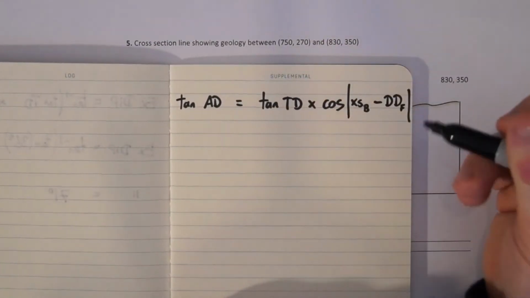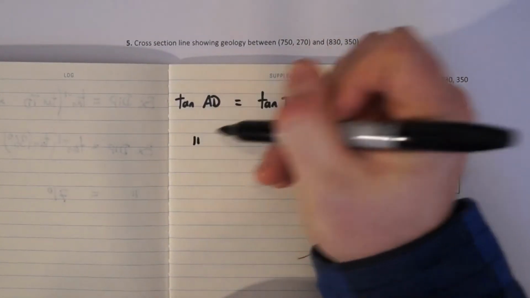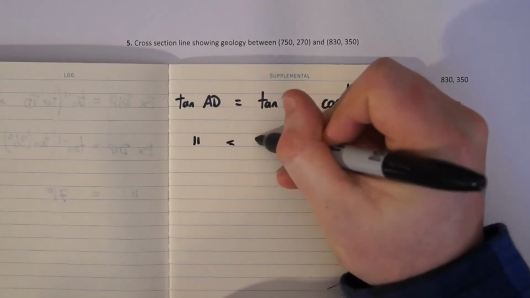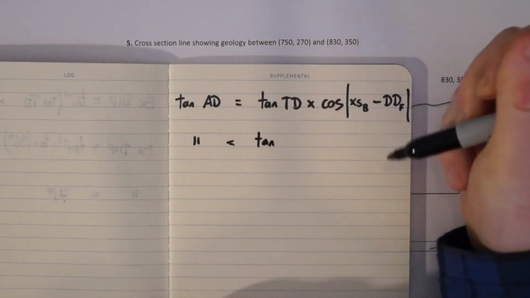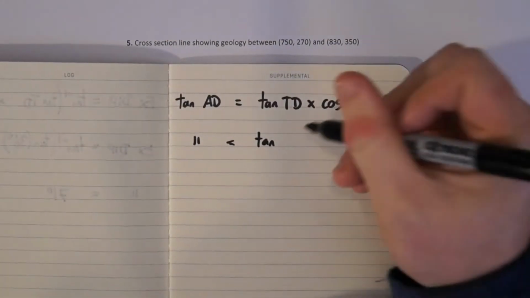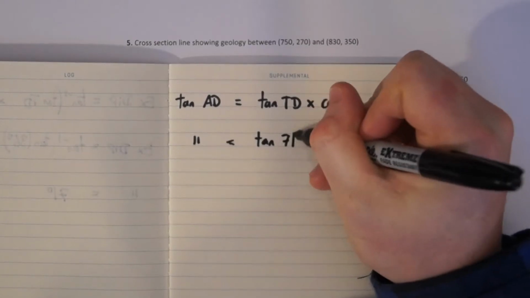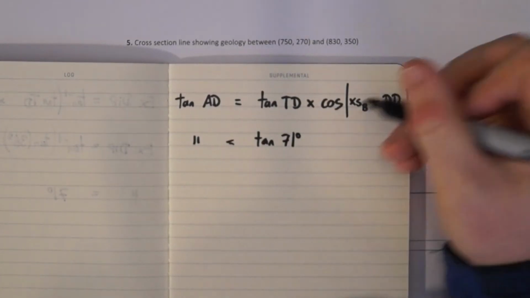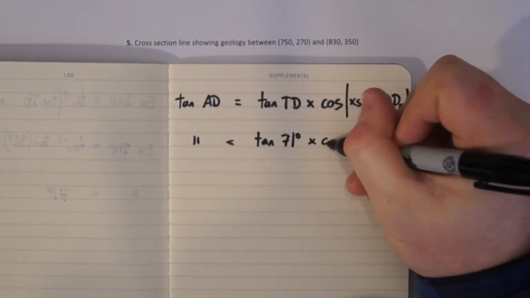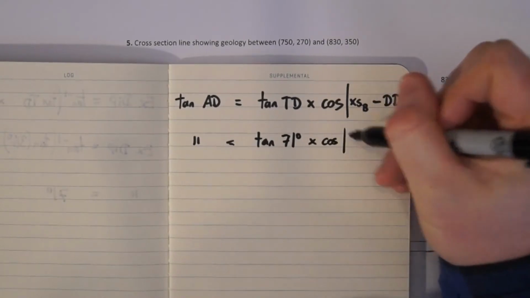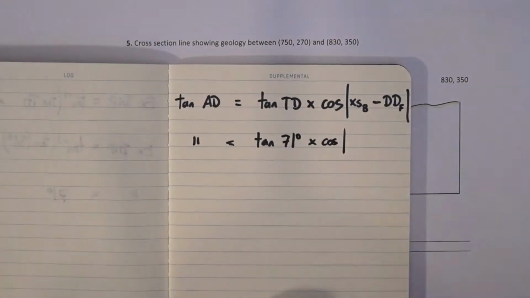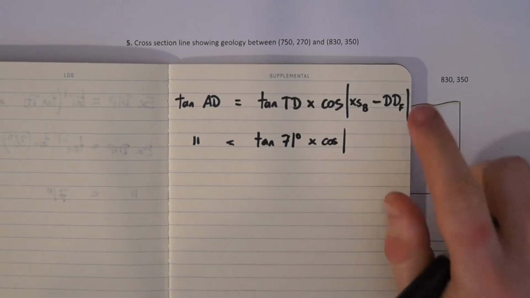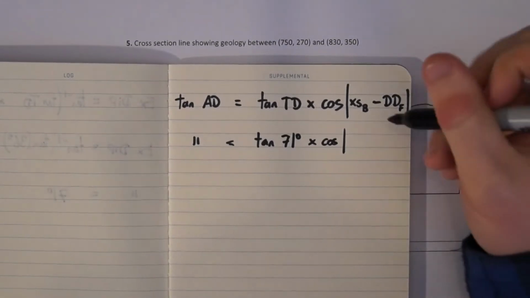Okay, so what we can do now is substitute in some values. So the tan of the apparent dip is equal to the tan of the true dip, which we've just calculated as being 71 degrees, and then multiply that by the cosine of the difference between the cross section and the dip direction of the fault.